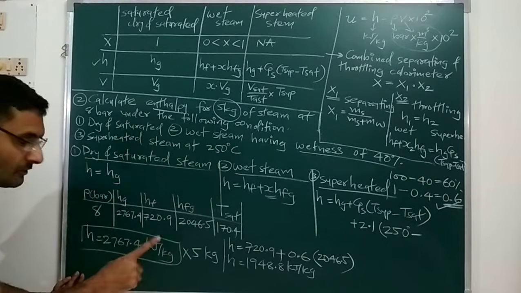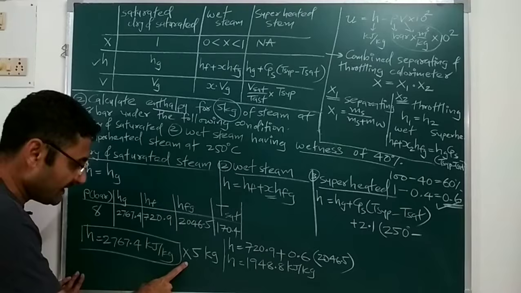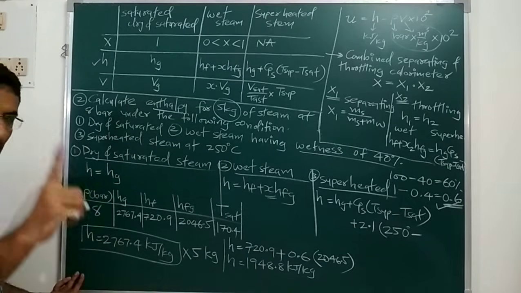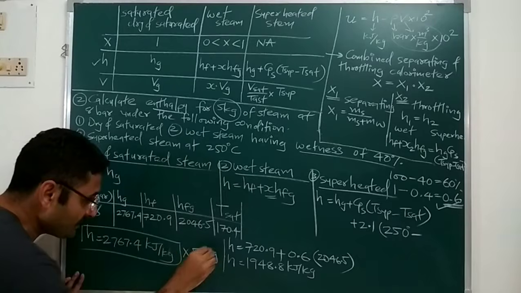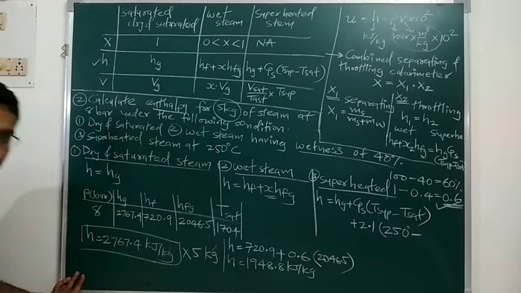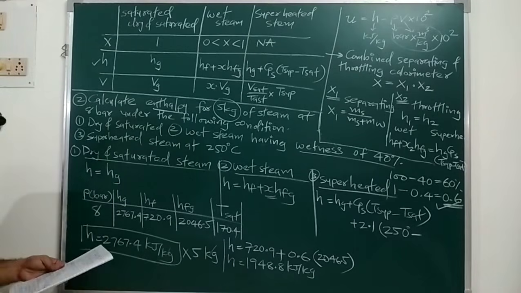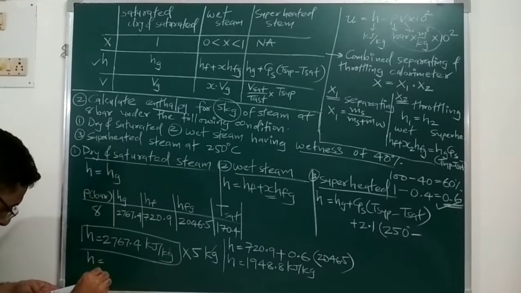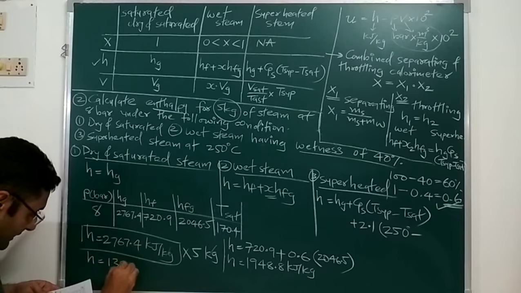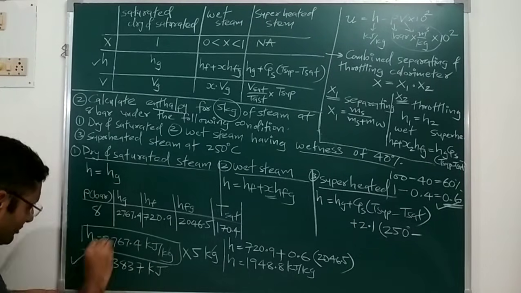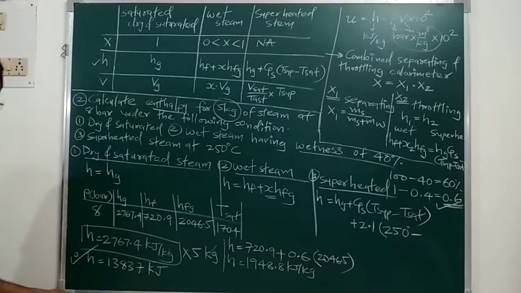That is the enthalpy for 1 kg of steam. So multiply it with 5 kg. Then only you will get the answer of enthalpy for 5 kg of steam. So what's happened? Kg will get cancelled. So answer will be in kilojoule. So final answer of enthalpy is how much? It is your 13837 kilojoule. So that is your final answer by multiplying it with 5 kg.